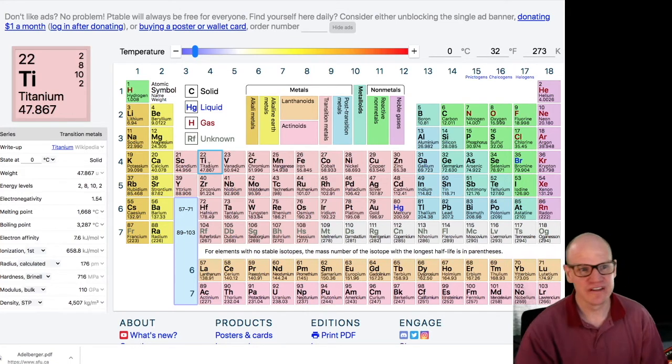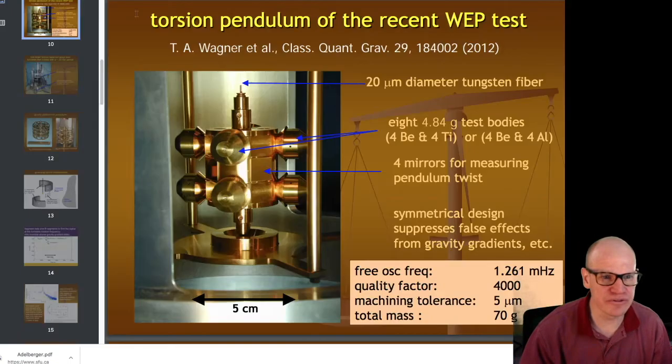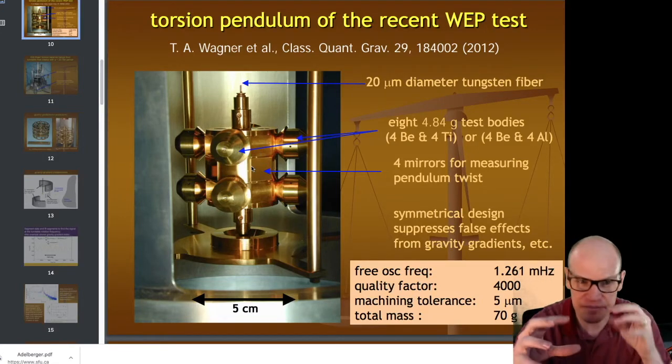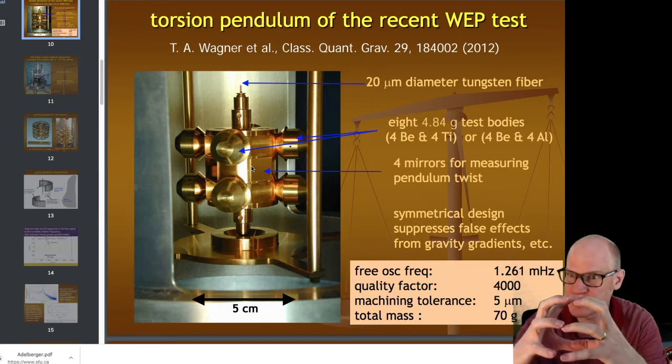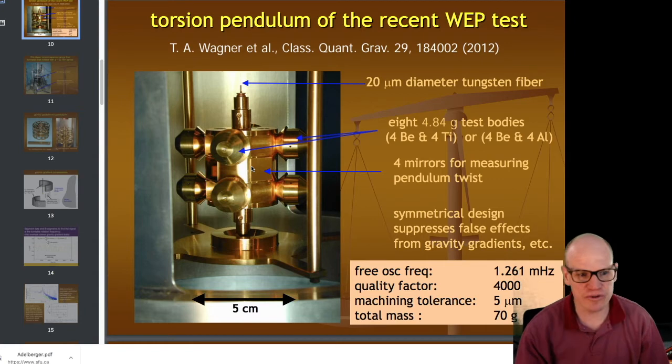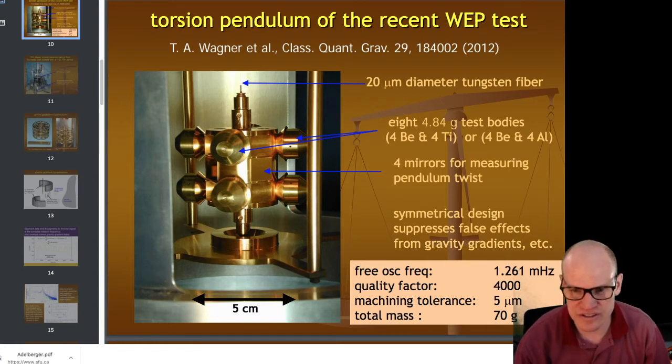That's the important thing. The densities of these two different metals are roughly the same, and they're chosen specifically so that they're roughly the same. That way the objects that you make are going to be the same size. However, even though they're the same size, they have different numbers of protons and neutrons in them.